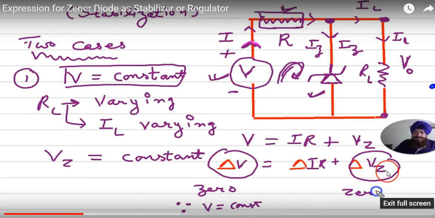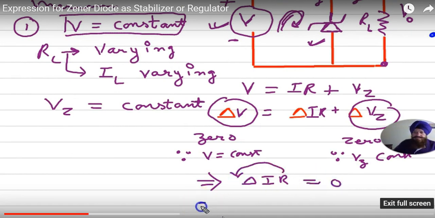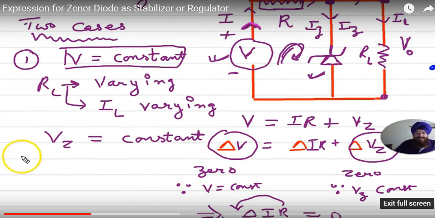And secondly, Vz is also constant here. No change in Vz means delta Vz is 0. What does it imply? Delta IR equals 0, and R is taken out, so R into delta I equals 0.